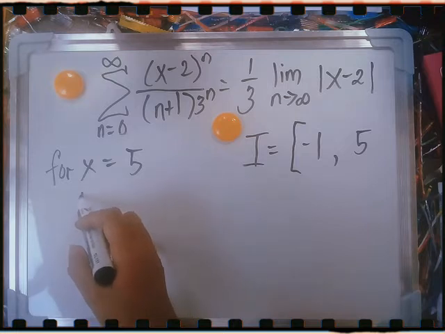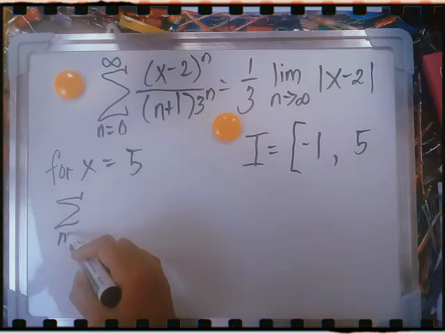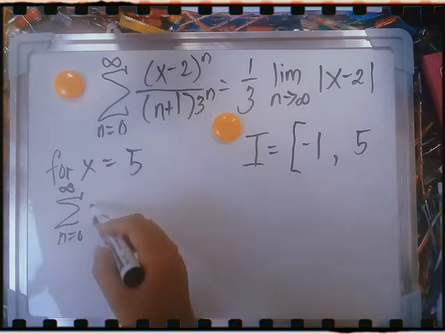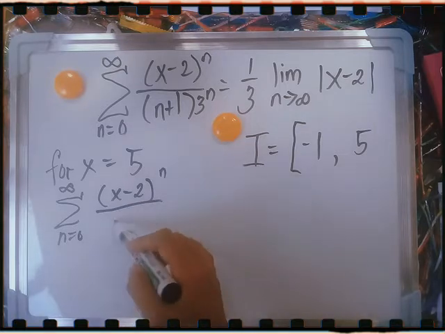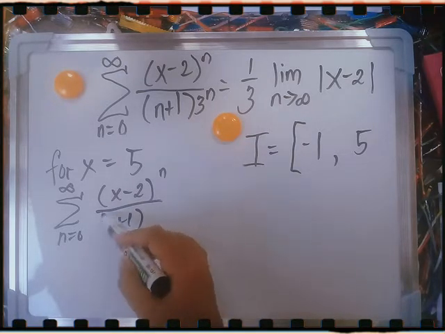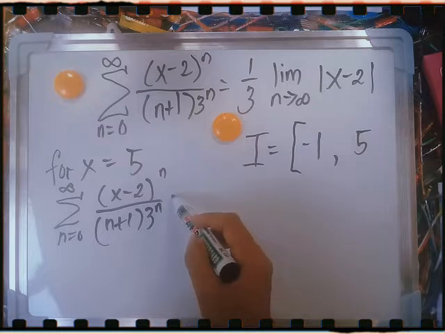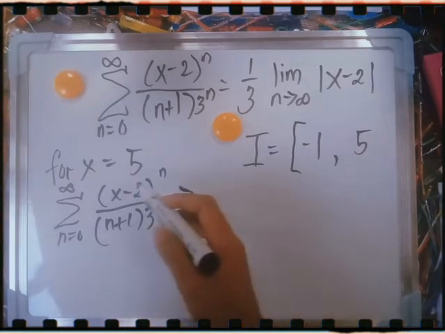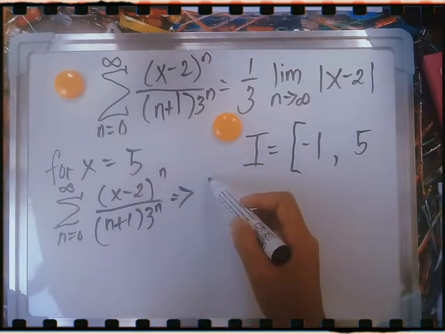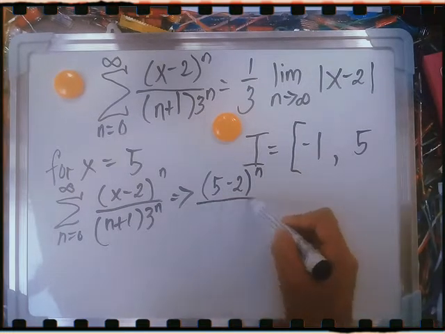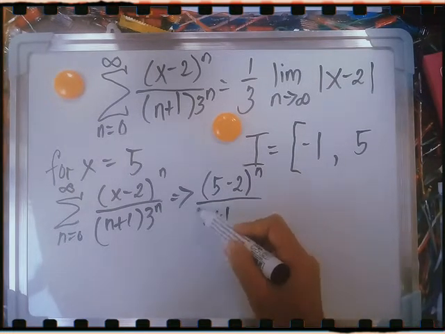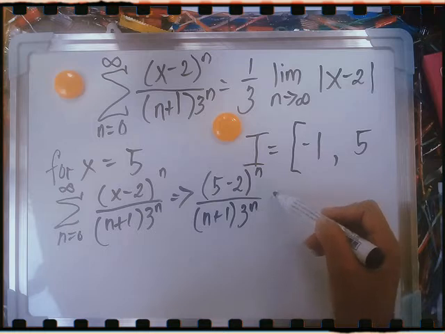So we have here the series of n is equal to 0 to infinity of x minus 2 raised to n over n plus 1 times 3 raised to n. So let's plug in the 5 for x. So we have 5 minus 2 raised to n over n plus 1 times 3 raised to n.